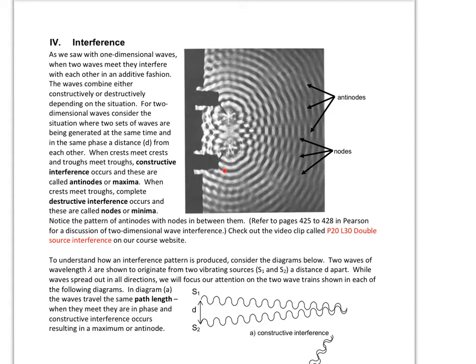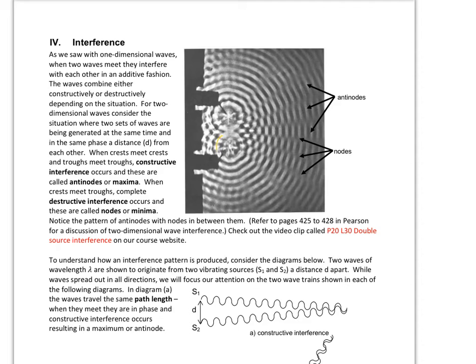So the darker space will be our trough and the lighter space is our crest. All right. So our two waves are rippling out and we can see that they start to overlap here. And we need to draw some lines, I thought, to make some sense of things.